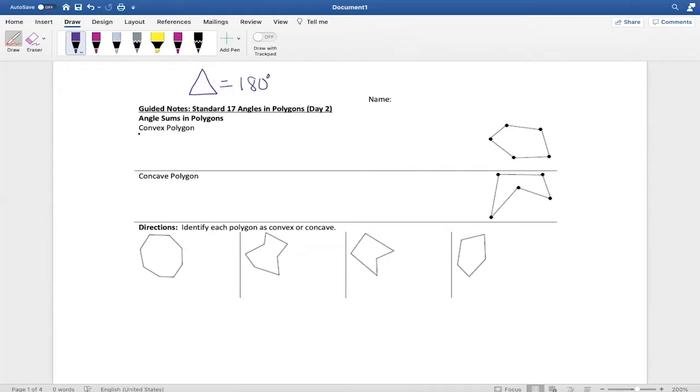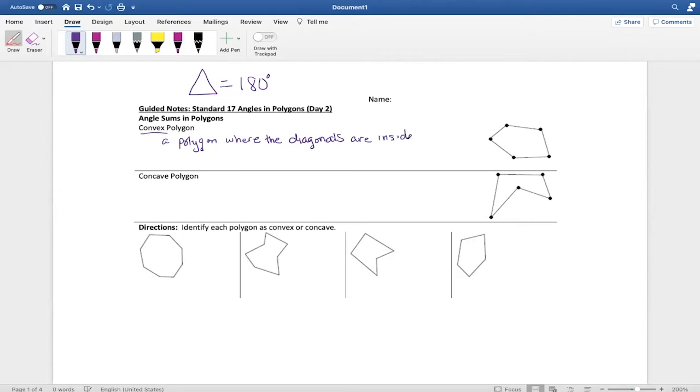A couple of definitions here. A convex polygon is a polygon where the diagonals are all on the inside.